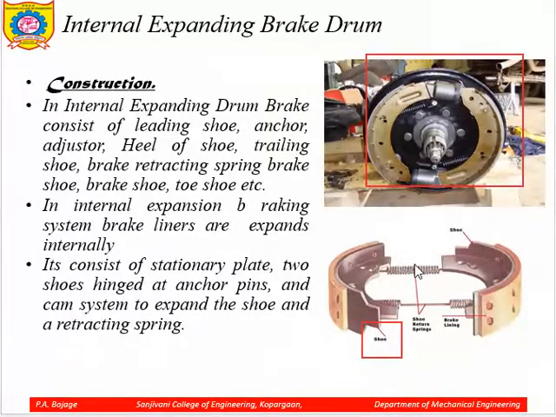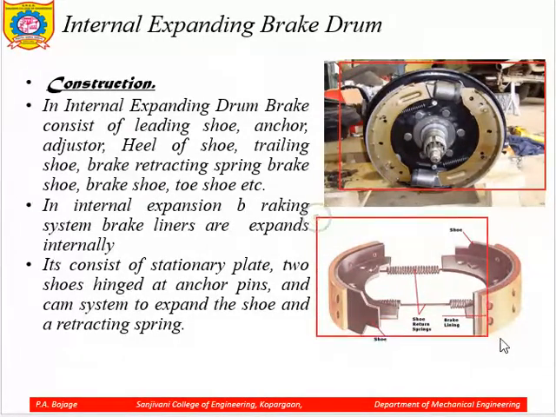These are the retrieve springs which will hold these shoes back into their normal position. You can see this piston cylinder arrangement, which can be actuated either by pressurized air, or by hydraulic oil in case of a hydraulic braking system. So, these are the main components of an internal expanding brake.